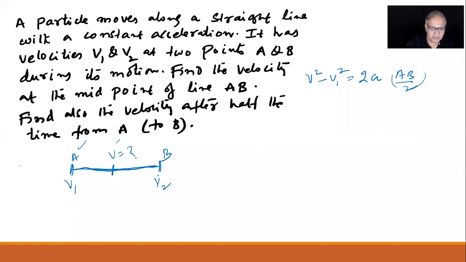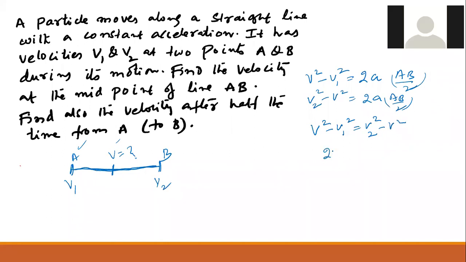Now for these two, you write v2 square minus v square equals, once again, 2 into a into, once again, the distance is AB by 2. So since both are equal, I can write v square minus v1 square equals v2 square minus v square. So 2v square equals v1 square plus v2 square.